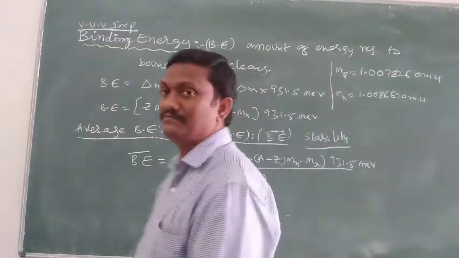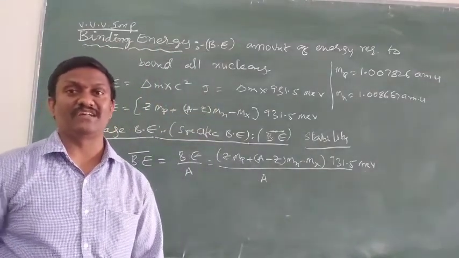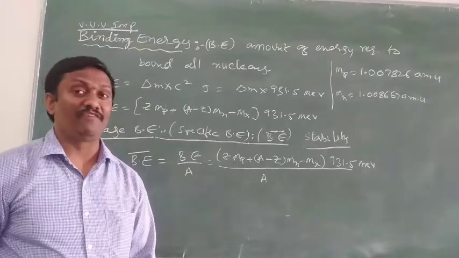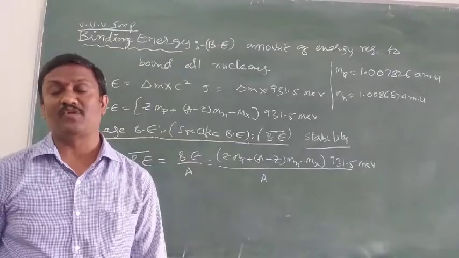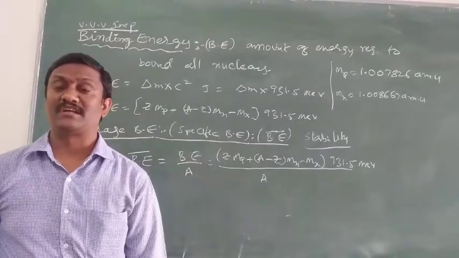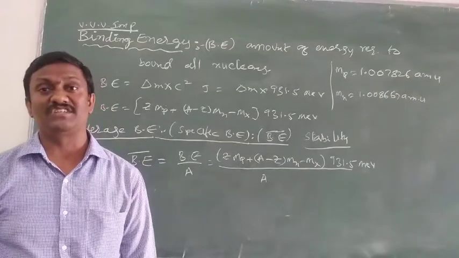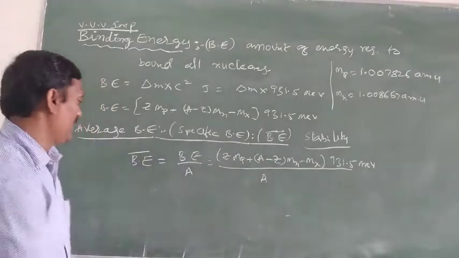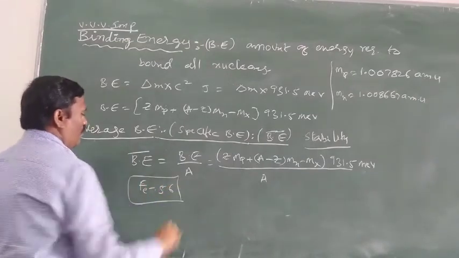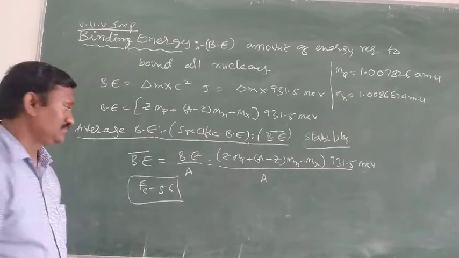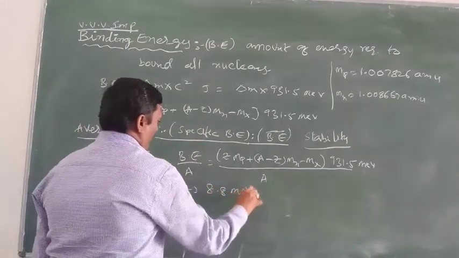Generally, lighter elements are less stable, and very heavy elements are also unstable, but moderate mass elements are stable. By comparing all elements, which element is the most stable? Iron-56 is the most stable, because its average binding energy is 8.8 MeV.